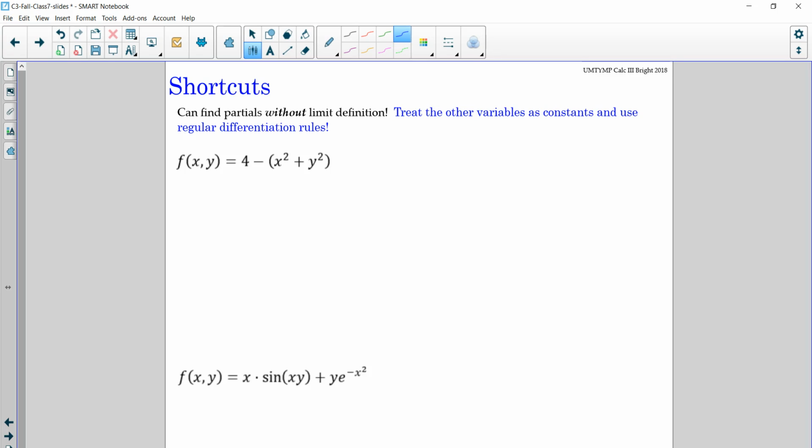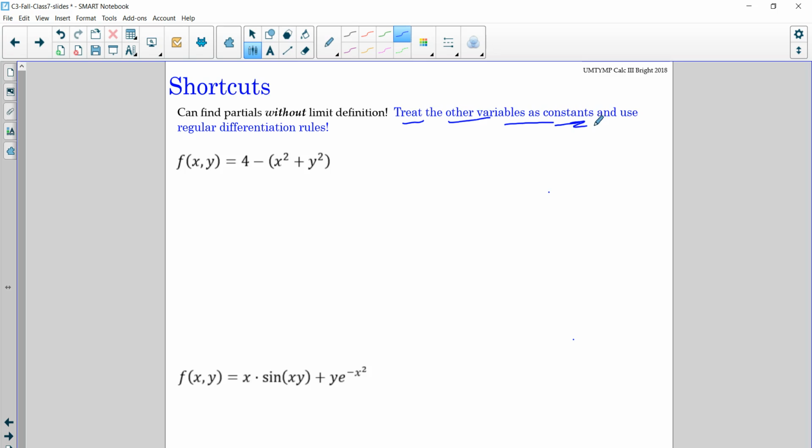The idea is that if we want to find the partial derivative of a function, let's say with respect to x or whatever, all we need to do is treat the other variables as constants, okay, and use regular differentiation rules, okay?